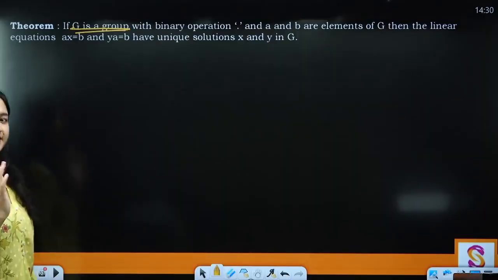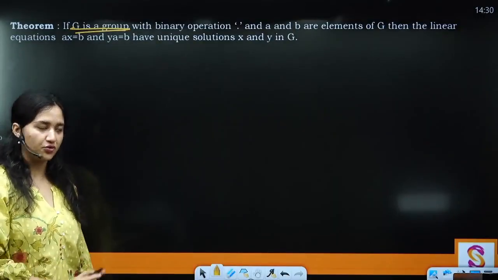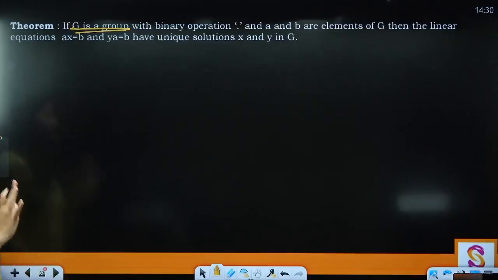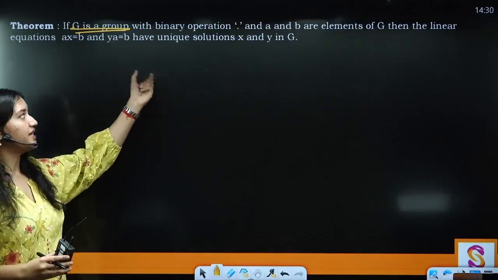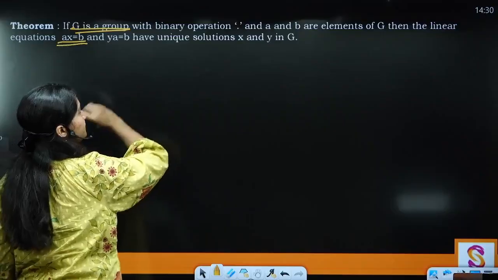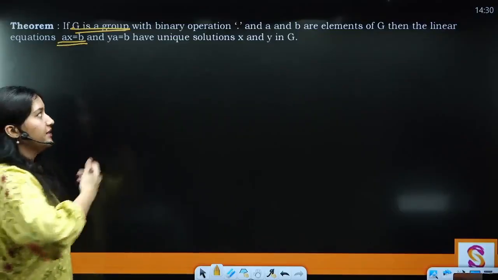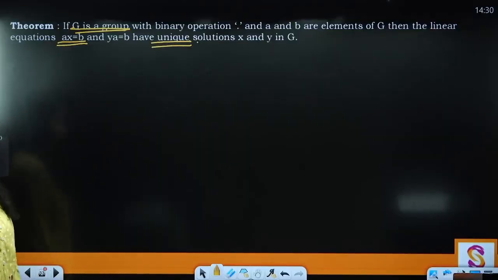So all the properties that a group follows with respect to the binary operation are going to hold. And then a and b are elements, then ax equals b and ya equals b have a unique solution. So we are supposed to prove that they have unique solutions as well, right?